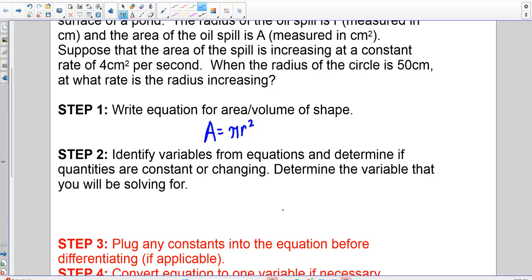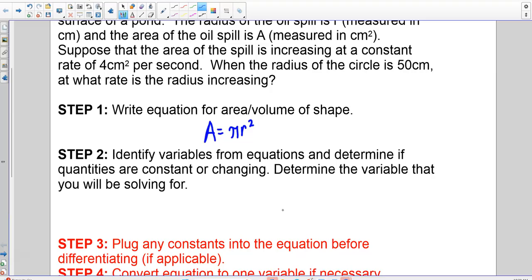We have 2 variables in this equation. What are those variables? R and A, right? R stands for radius, A stands for area. In this context, when the oil is spilling out, are those variables changing or constant? Is the area always a certain amount? Is the radius always a certain amount?